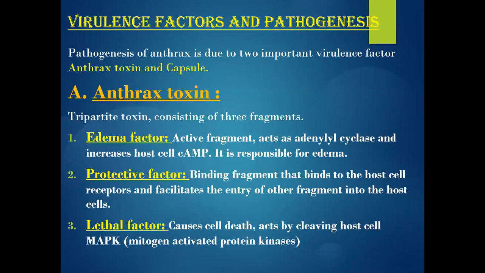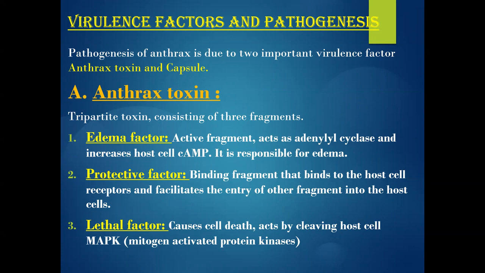Virulence factors and pathogenesis. Pathogenesis of anthrax is mainly due to two important virulence factors, that is, anthrax toxin and capsule. Anthrax toxin is a tripartite toxin consisting of three fragments. Edema factor is the active fragment which acts as an adenylate cyclase and increases host cAMP.